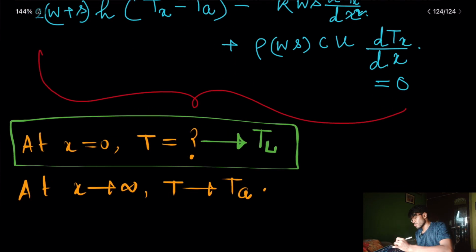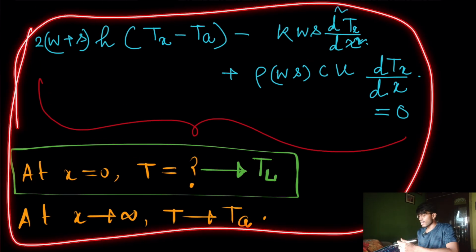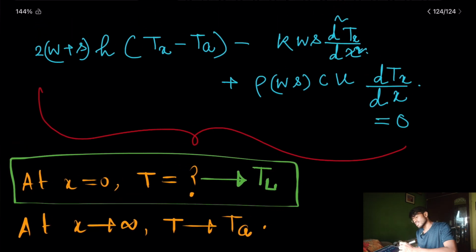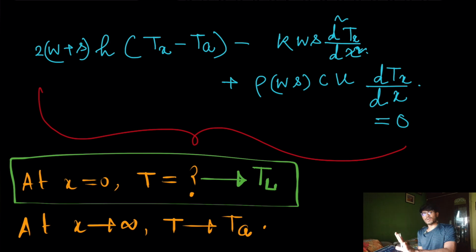So this will be the answer for the second part, and it is being told that you have to solve the equation. If you just derive this much equation, then you will get the 80% marks.